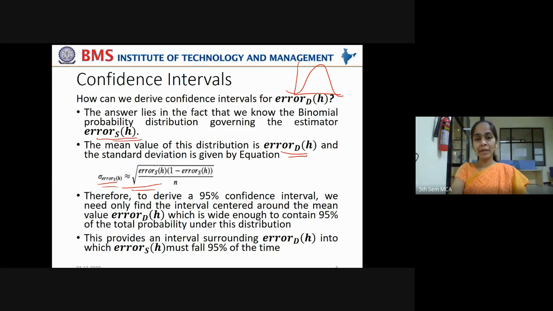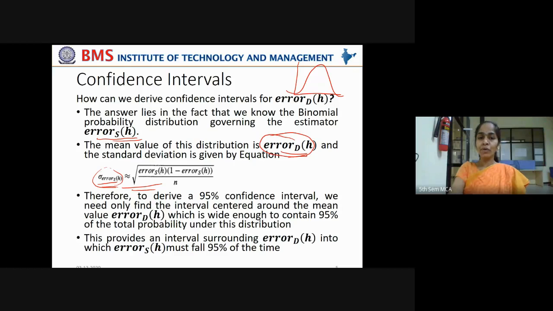It is approximately equal to square root of sample error multiplied by 1 minus sample error divided by the total number of data points in each sample. Okay, so that will give you the standard deviation. The mean value of the binomial distribution is given by the true error, and the standard deviation is given by the standard deviation of sample error.